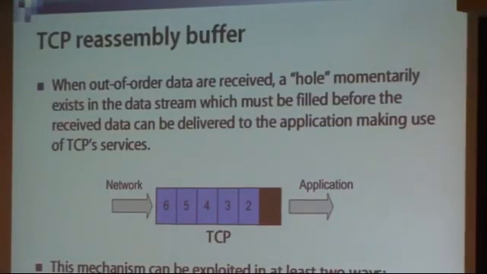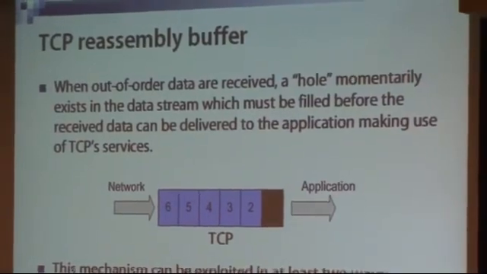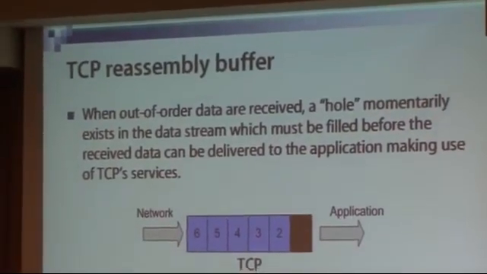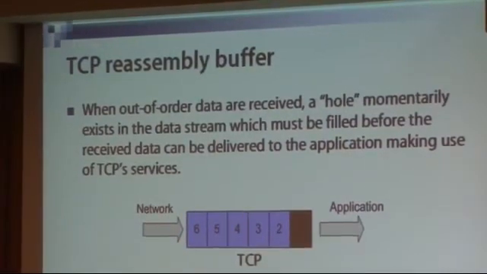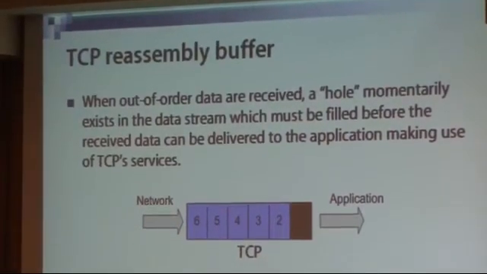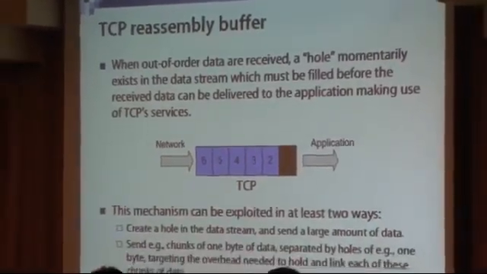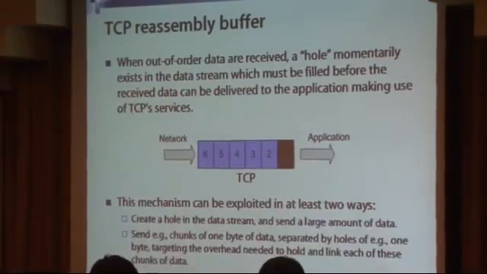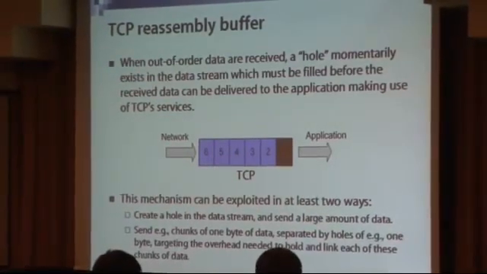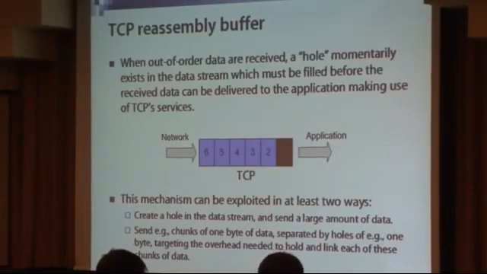So the rest of those five pieces of data are out of order. In that case, an attacker could intentionally introduce a hole in the TCP data stream so that he sends more data after that hole. The receiving TCP queues that information, but is not able to deliver that information to the victim system.